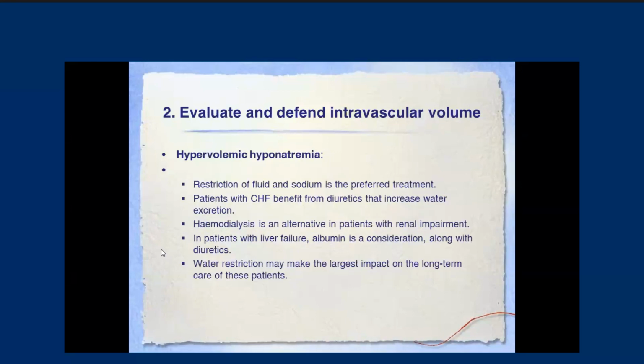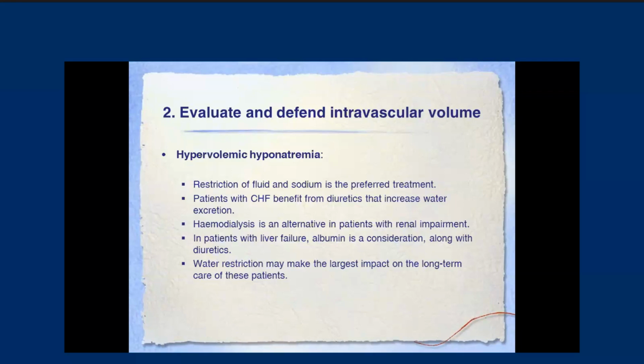So in patients with hypervolemic hyponatremia, in those patients without severe symptoms, the mainstay of management is fluid restriction. But patients with heart failure may benefit from diuretics that increase water excretion.